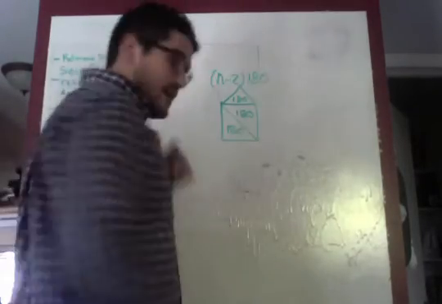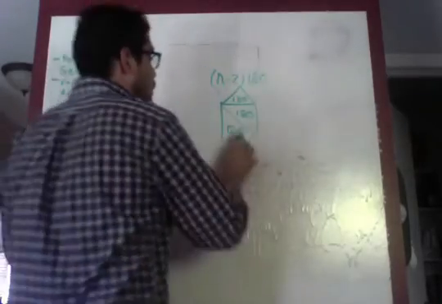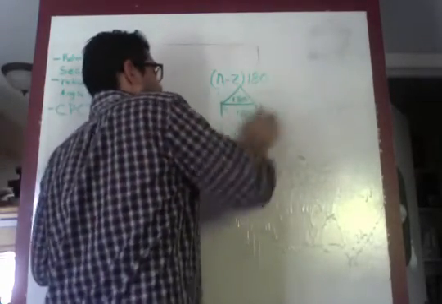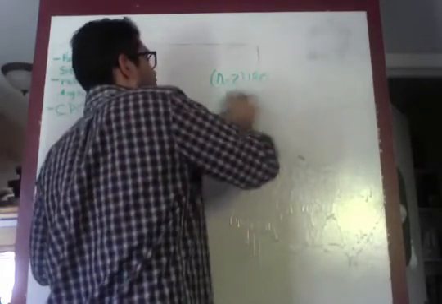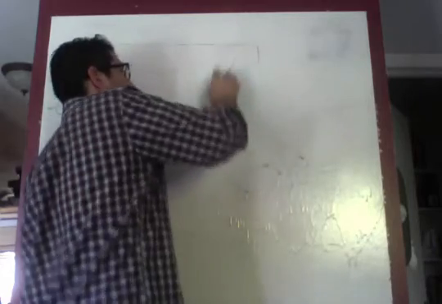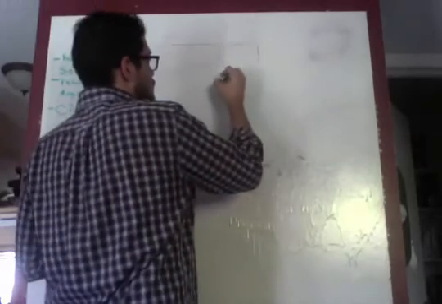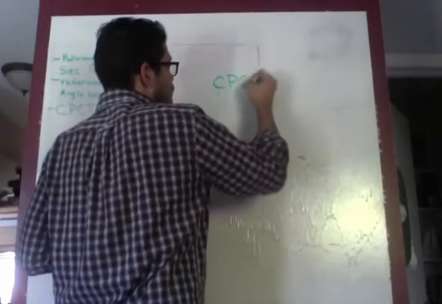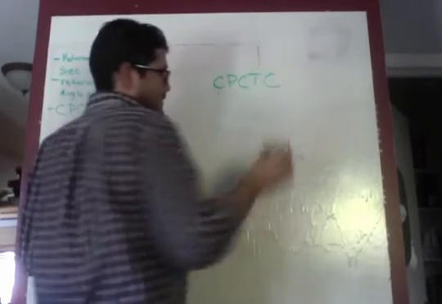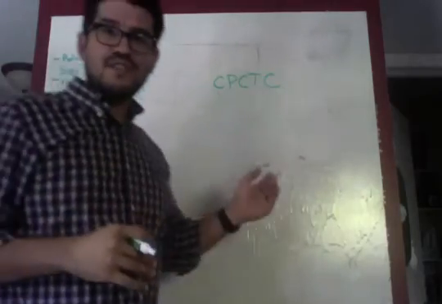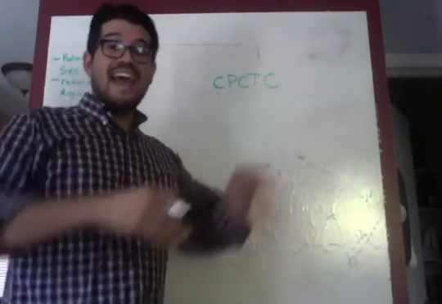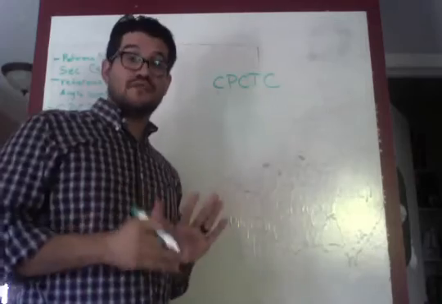The last thing I want to go over with you is something you might reference. We referenced it mid-year, and we haven't really talked about it much since, but it's called congruent parts of congruent triangles are congruent. They use this in proofs after they've proven the 2 triangles are congruent.